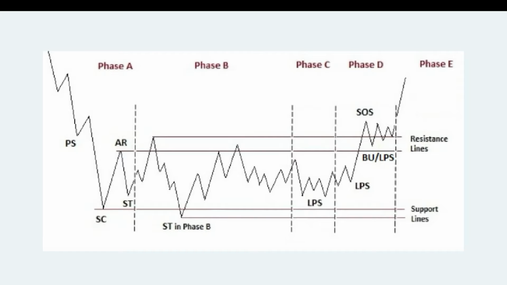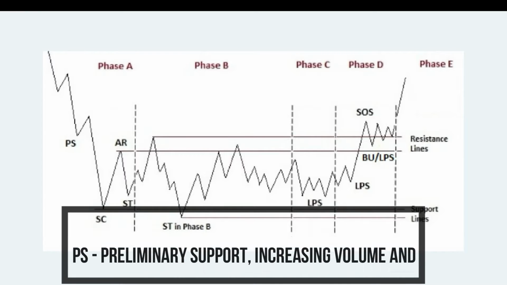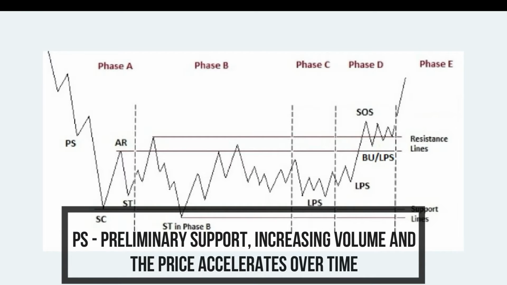I would like to quickly introduce what it means. Let's say here we have quite a huge downfall, and PS means preliminary support, so it's the initial support, the first support which occurs after a large drop.